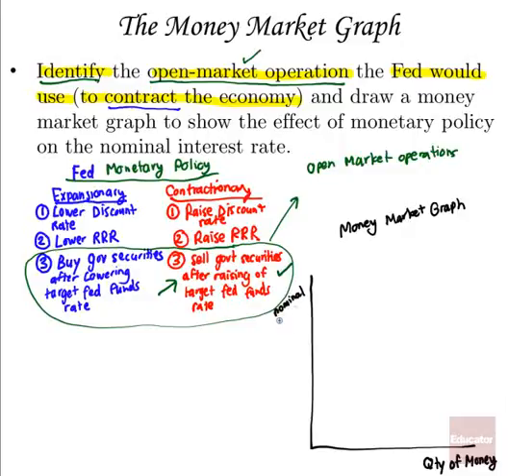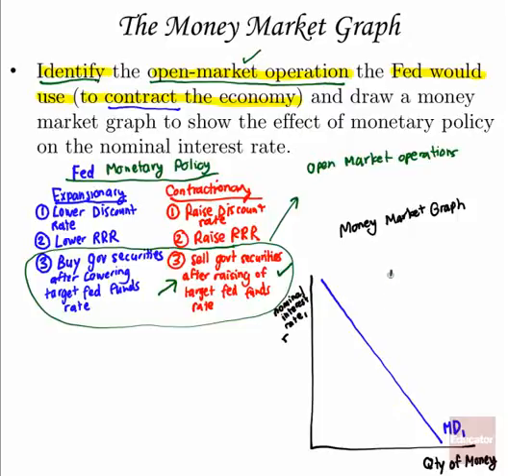Let's label this nominal interest rate as R. When you draw the demand for money, here's the money demand. It's going to be a downward sloping graph here. Then you have money supply, MS, and money demand and money supply here.